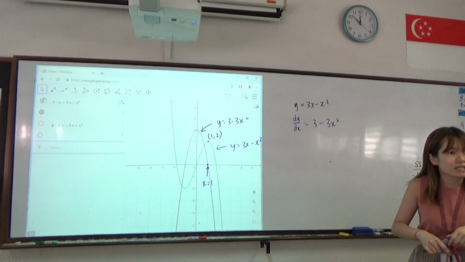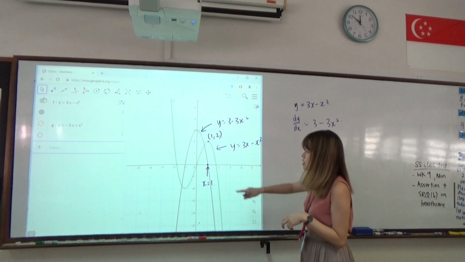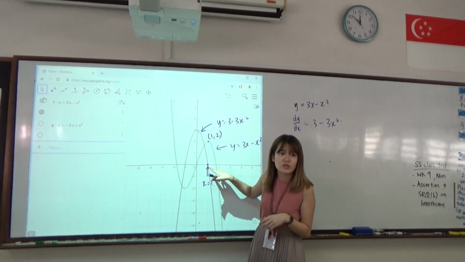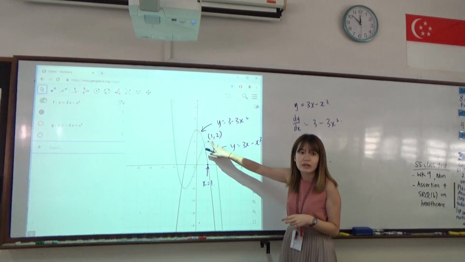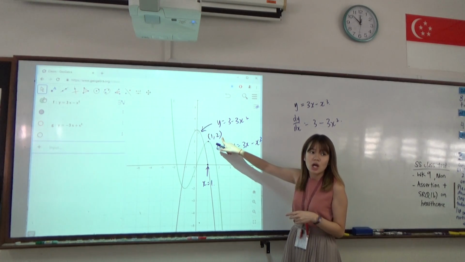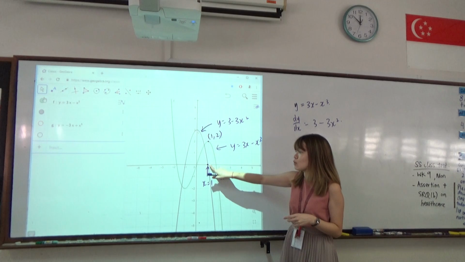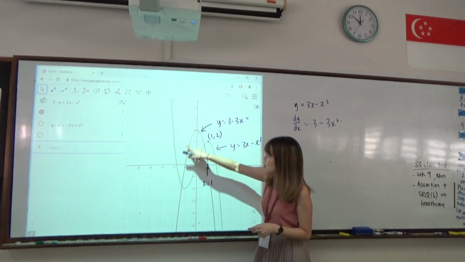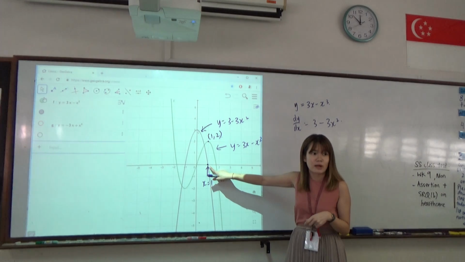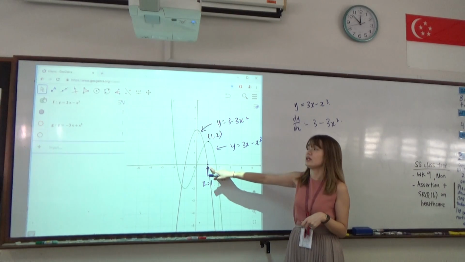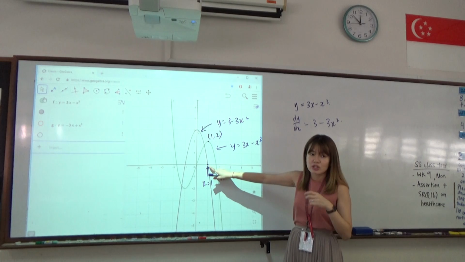When that is equal to 0, it is actually at this point, which is at x equals 1. So when x equals 1, y is equal to 2, but dy/dx will be equal to 0, because this black curve over here is your dy/dx curve. You understand what I'm saying? Okay, that was what we were trying to say.